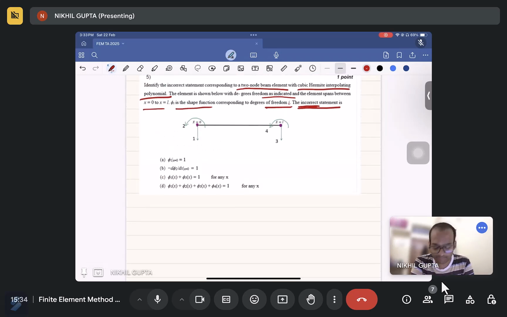Can anyone tell what the difference is between the Lagrangian interpolating function and the Hermite interpolating polynomial? Has anyone heard of the Lagrangian polynomial or Lagrangian interpolating function?